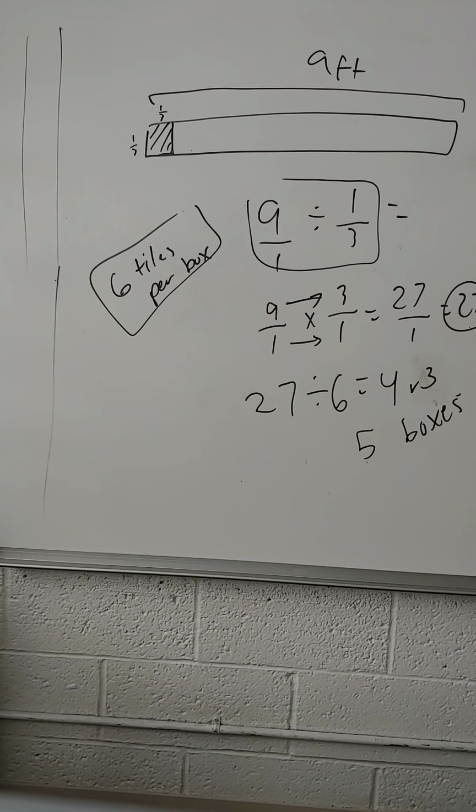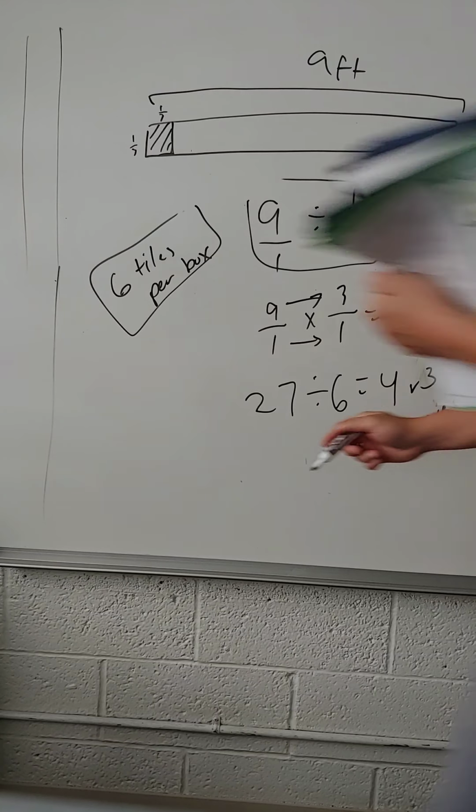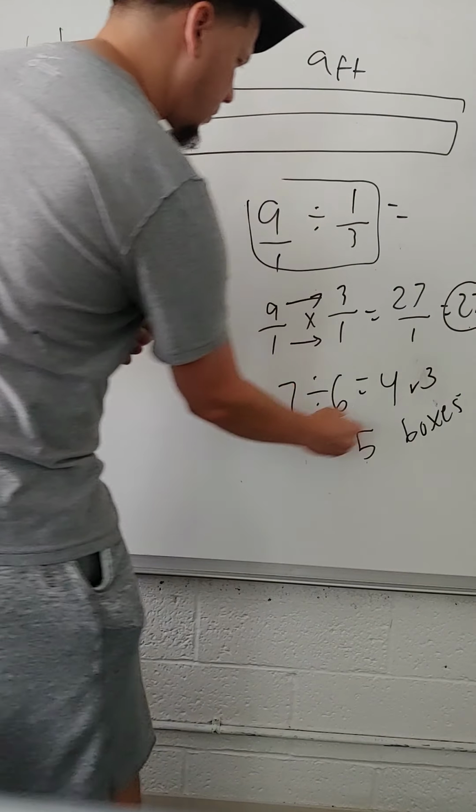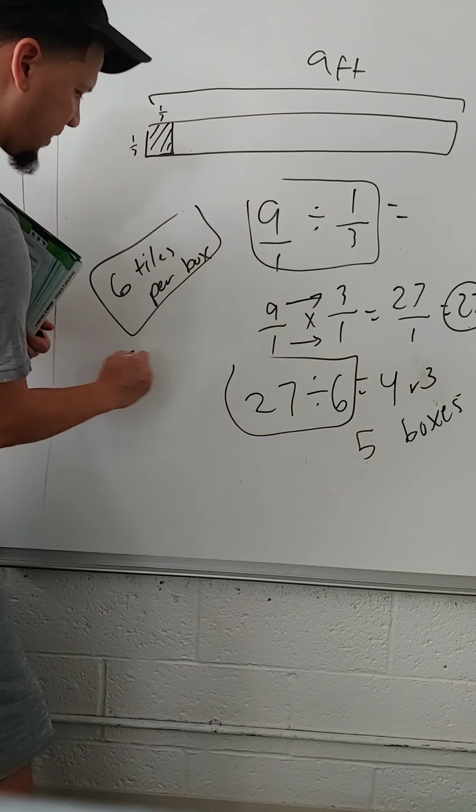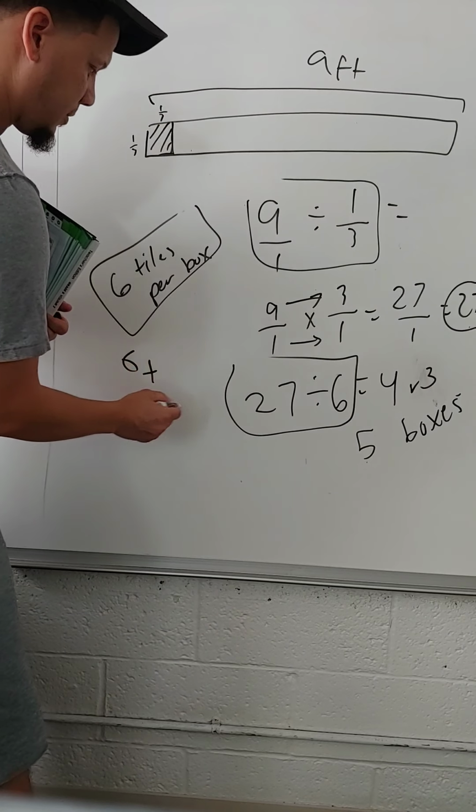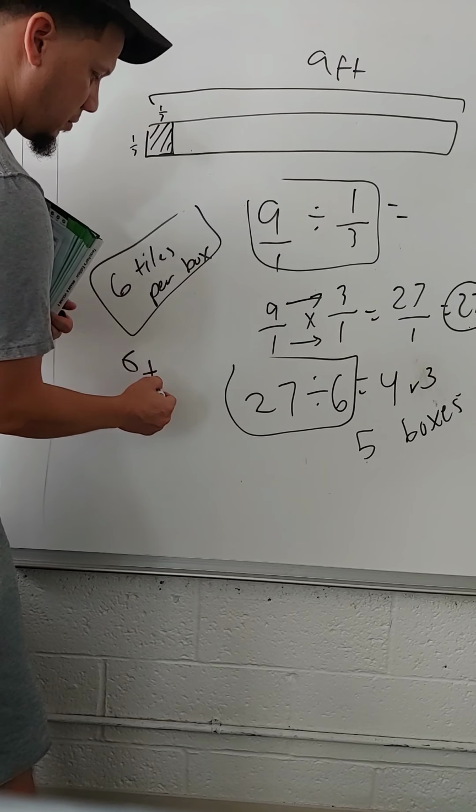Okay. So how many would be left over is one way we can look at this. Well, 5 times 6 is 30, so I would have 3 tiles left over if I buy 5 boxes, which is better than coming up 3 tiles short and buying 4 boxes. Those are my options, okay? Another way to look at it, this is another equation: you could have put 6 times what number equals 30?